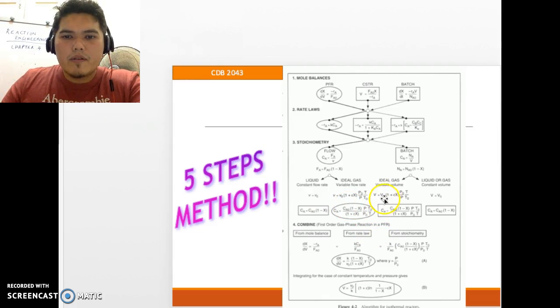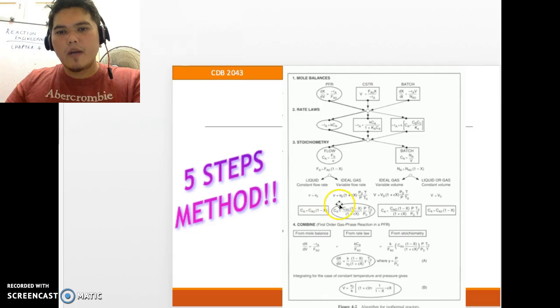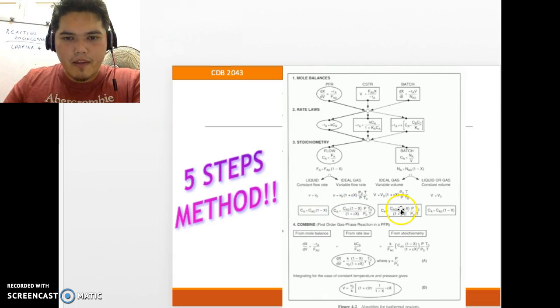Similarly with the batch reactor, we also introduce the epsilon term, and when you calculate the concentration, you must include this particular term. So that makes a difference between the expansion when there is gas phase present and when there is only liquid phase.